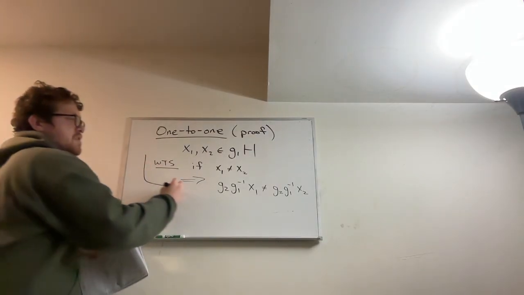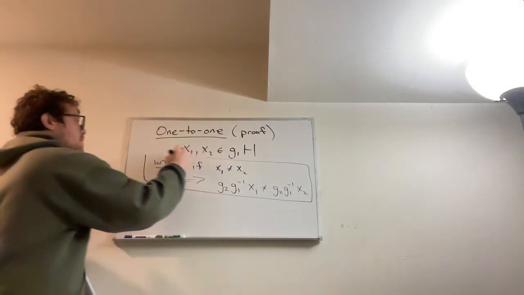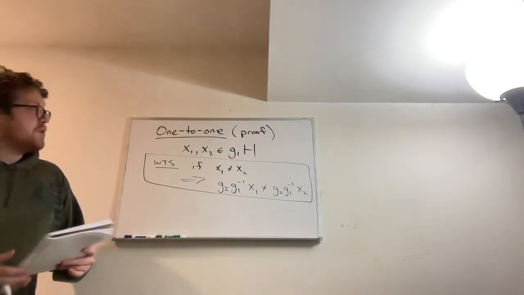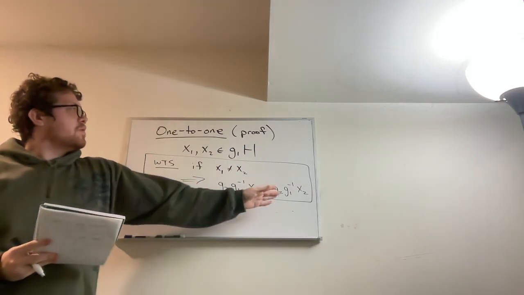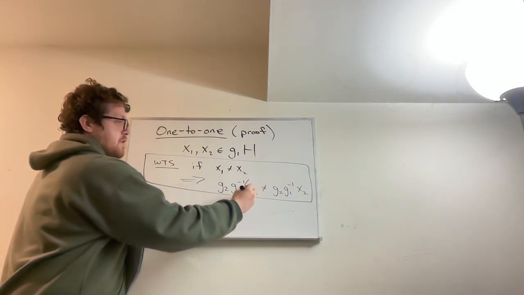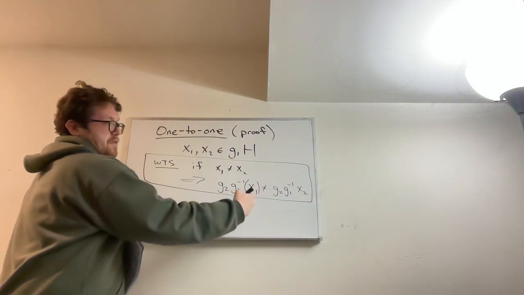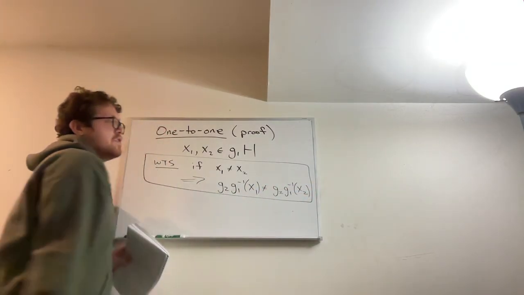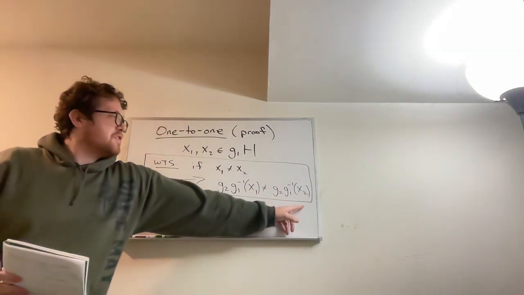So this is what we want to show: that if we pick two elements in G1H and then map them using that psi map, whose application was multiplying by this element on the left, we have to show that the results are not equal.